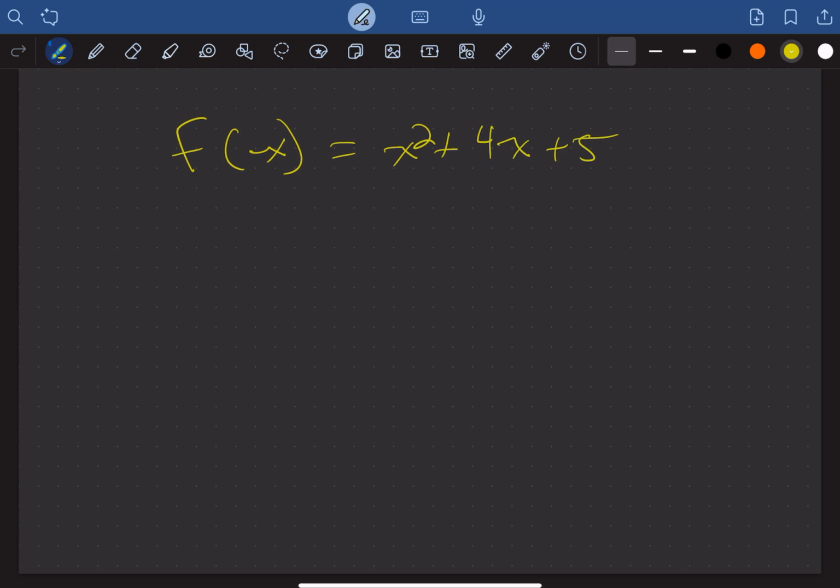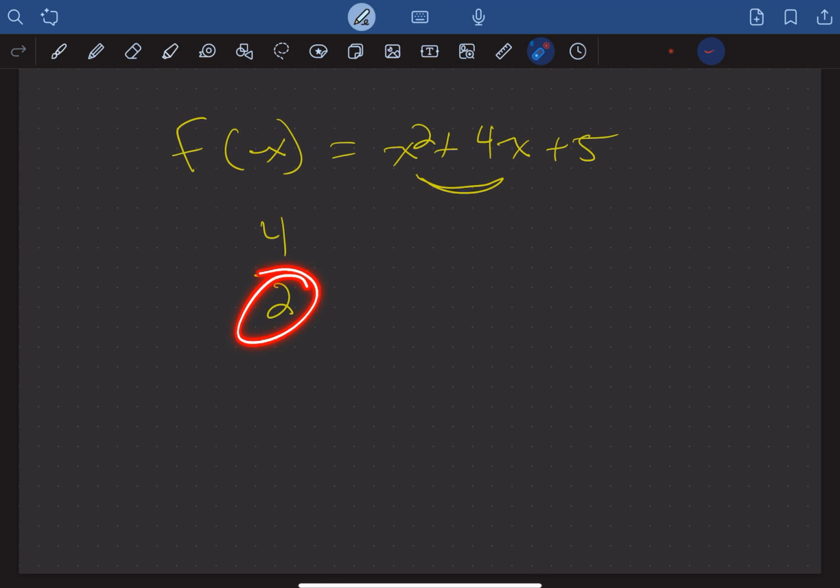Completing the square. If we had a basic quadratic, f of x equals x squared plus 4x plus 5, in order to complete this square, I'm going to focus on the coefficient of the x to the first power term, this middle term. I'm going to take the coefficient 4 and divide it by 2.